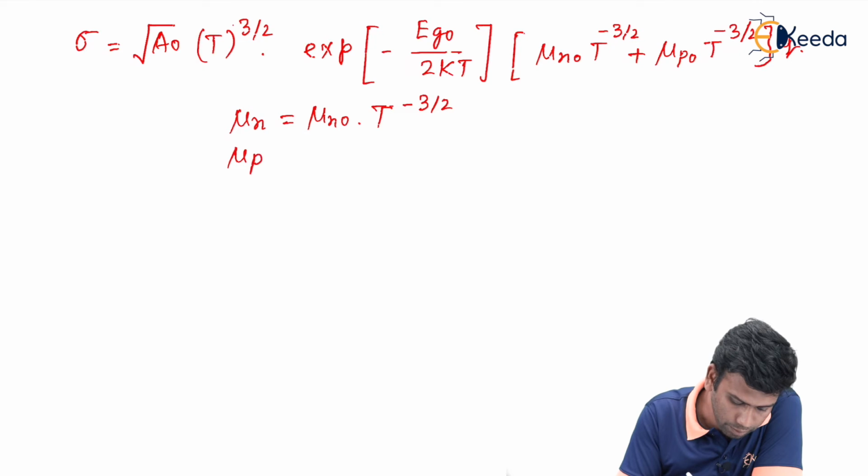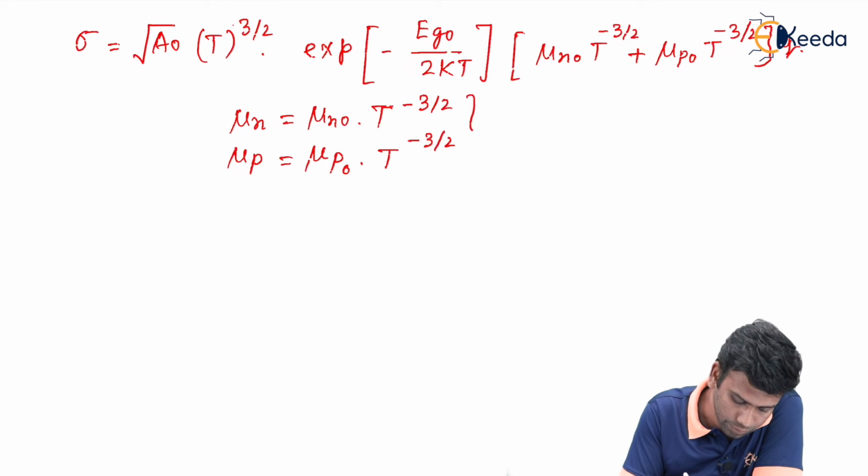Similarly, mu p is written as mu p0 into T to the power minus 3 by 2.